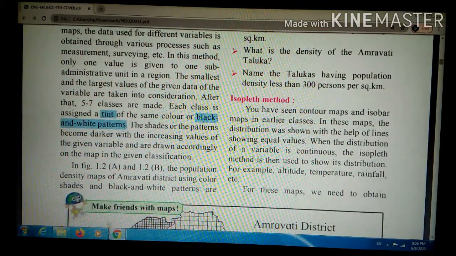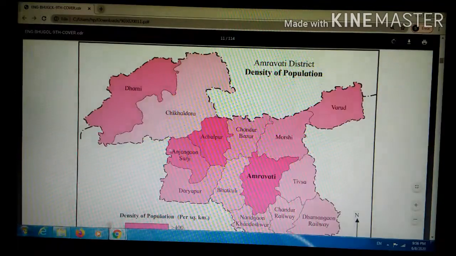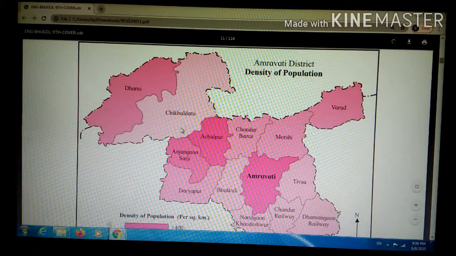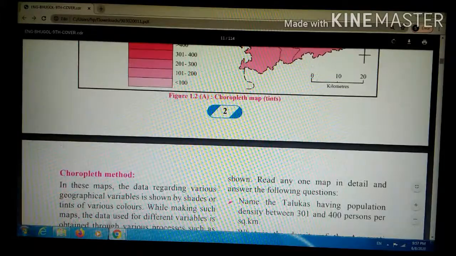The shades or patterns become darker with the increasing value of the given variable and are drawn on the map according to the given classification. Means the dark one shows the highest population and the faint one shows the lowest population. Next, figures 1.2a and 1.2b show the population density maps of Amravati district using color shades and black and white patterns.